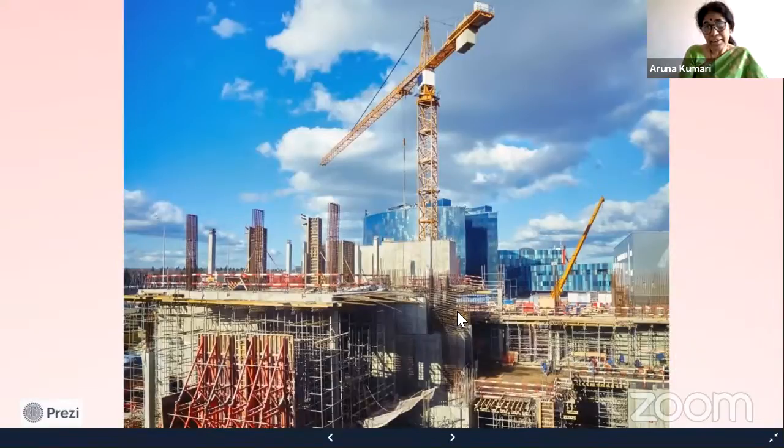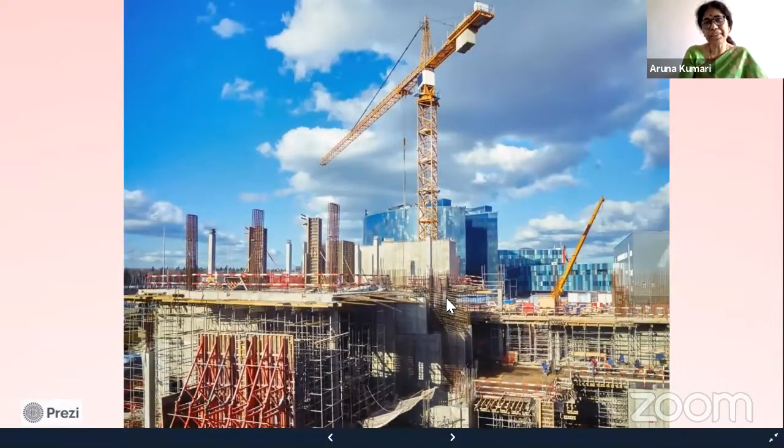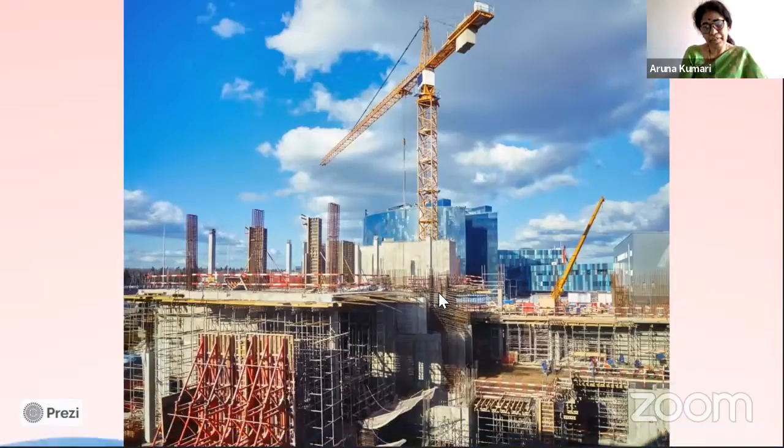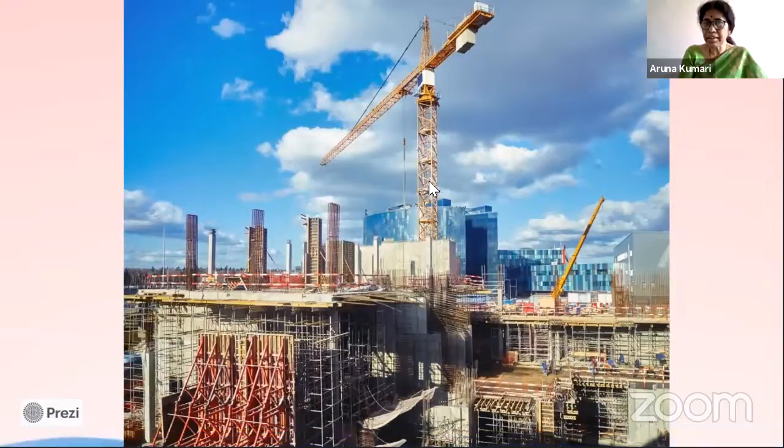See the difference: here we are using so much machinery to build all the very big buildings. But in the ancient time, there was no machinery. Still, they also constructed very big constructions.